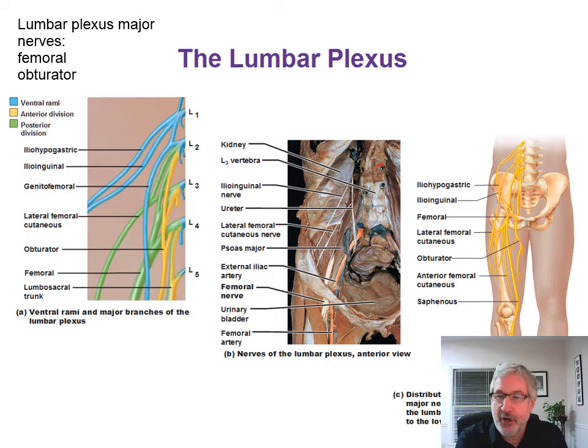Here's your obturator nerve, and you'll notice it's coming out of the obturator foramen. That comes down and innervates the muscles of the inner thigh. The femoral nerve comes down and innervates the muscles of the upper thigh, so the quadriceps.